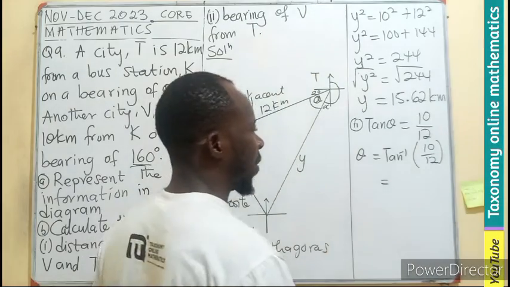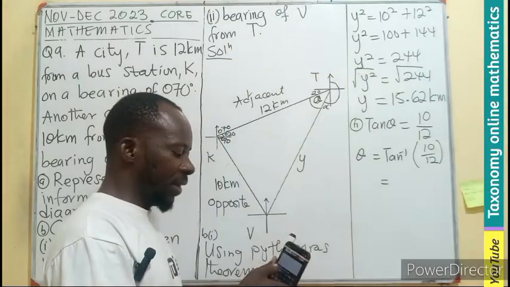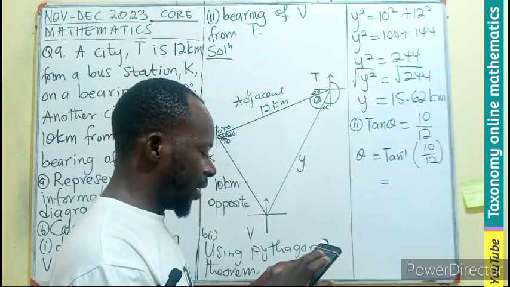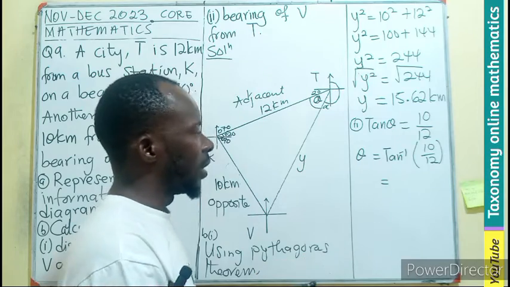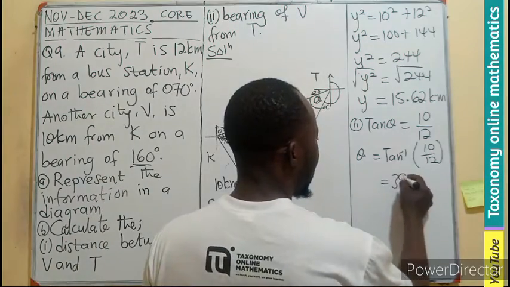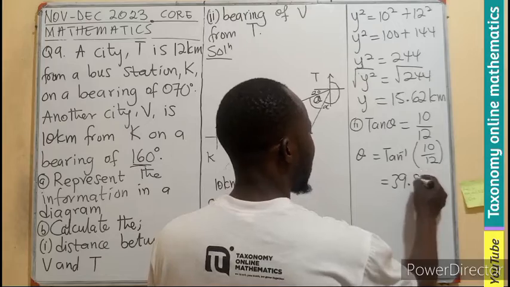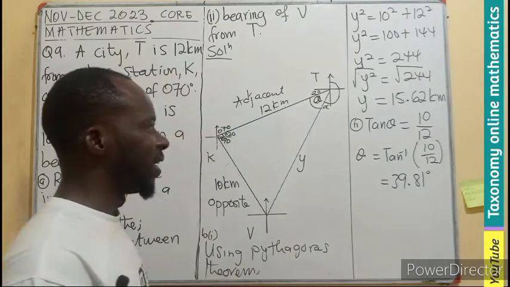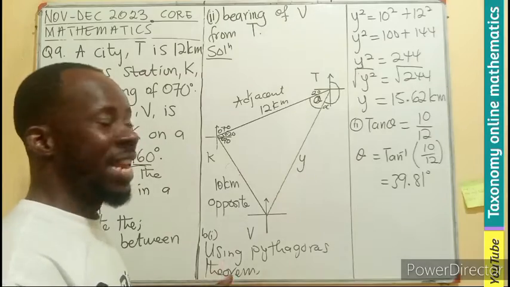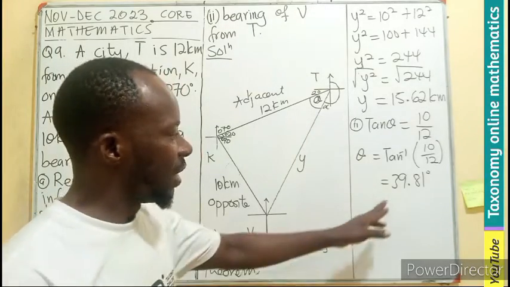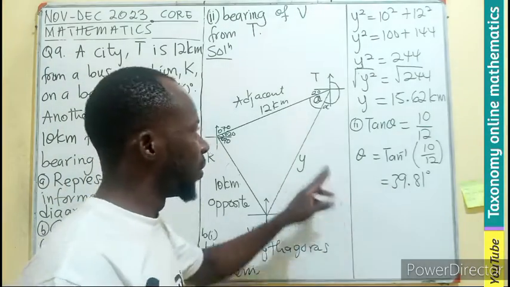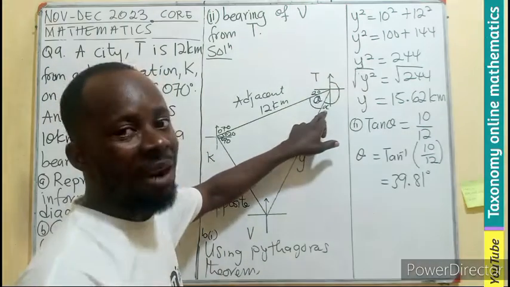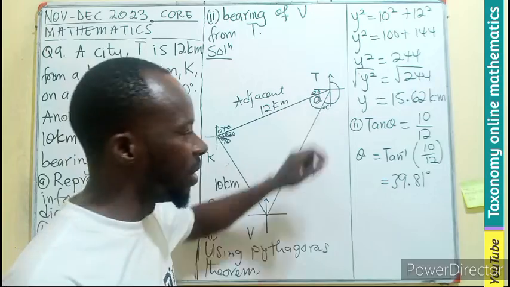So we can put that in our calculator: the tan inverse of 10 divided by 12 is 39.81 degrees. But since we are going to convert it to the nearest whole number, we can pick 40 degrees. So 20 plus 40 plus alpha equals 90 degrees.